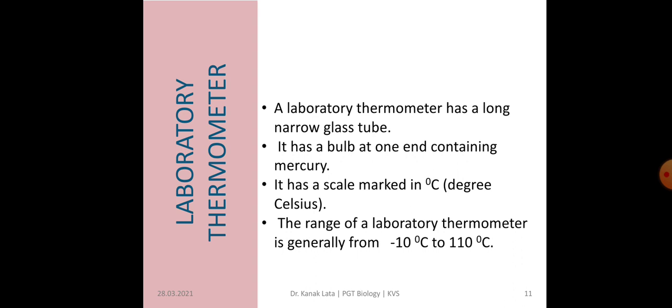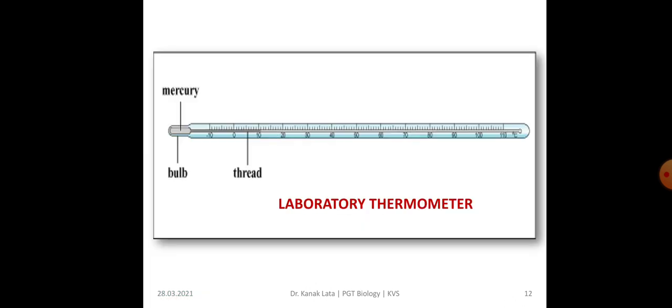It means the minimum temperature measured by a laboratory thermometer is minus 10 degrees Celsius, and up to 110 degrees Celsius you can measure the temperature. Here you can see the laboratory thermometer.